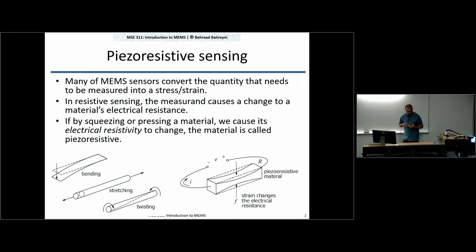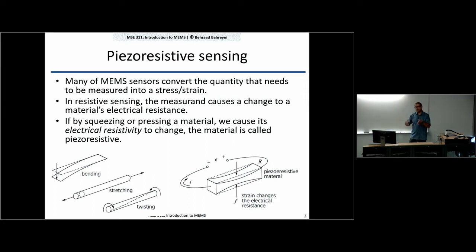So in resistive sensing, and we'll talk more about the interfacing to resistive sensors in coming lectures, whatever you're measuring affects the resistance, right? And in case of piezo-resistive sensing, the stress is changing the resistance. There are other types of resistive sensors that you may use. For example, you can have thermistors.